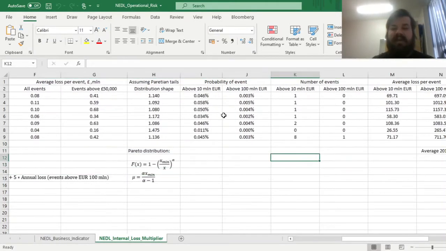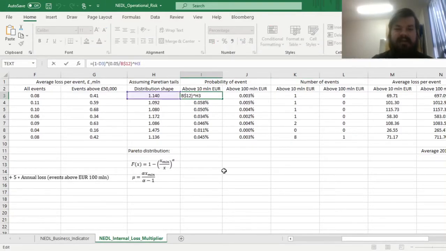So factoring these thresholds in, we can calculate the probability of an operational risk event exceeding 10 million euros or 8.55 million pounds in exposure.